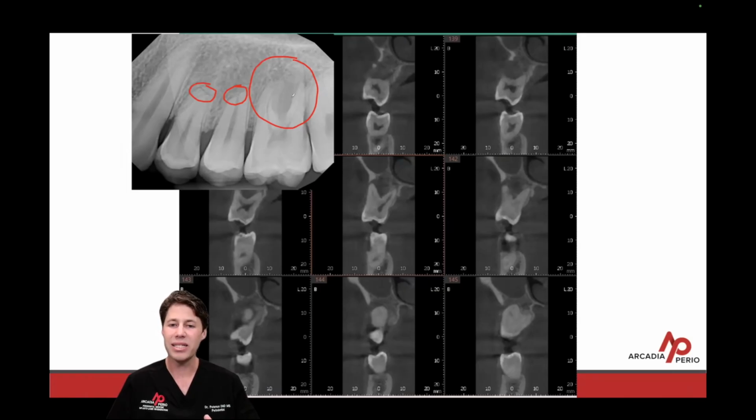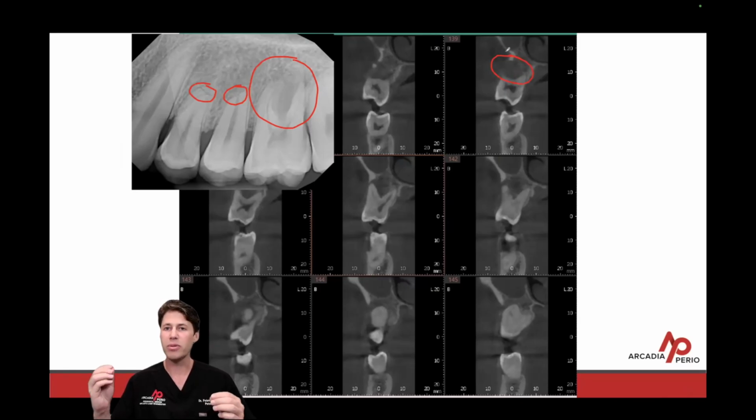When I get a case like this, I really want to look at what the bone loss looks like in 3 dimensions. So in terms of the bone loss in 3 dimensions, the buccal furcation extends all the way to the buccal aspect of the palatal root. So this is a deep grade 2 buccal furcation with a horizontal component and a vertical component.